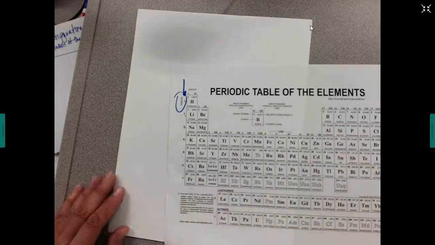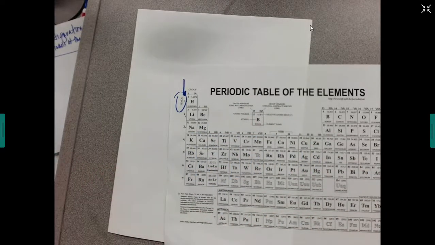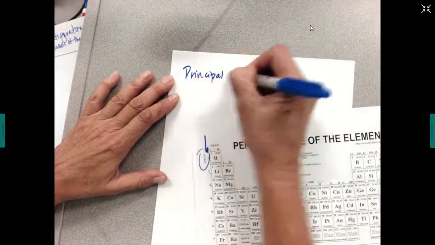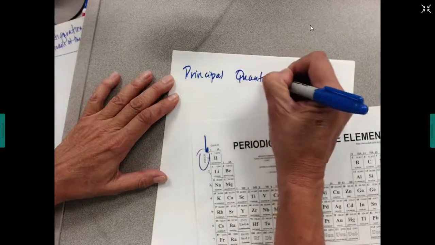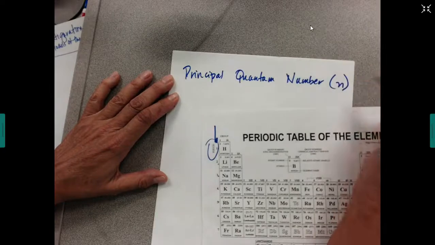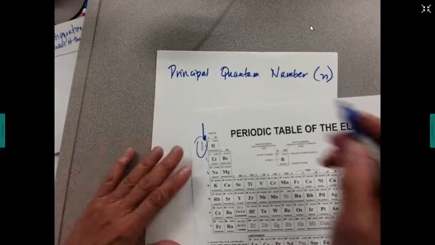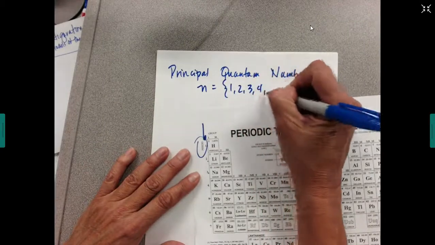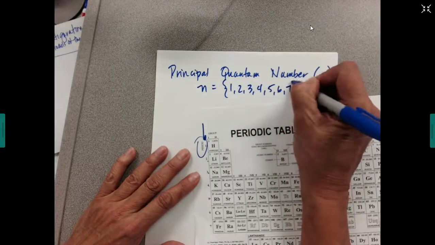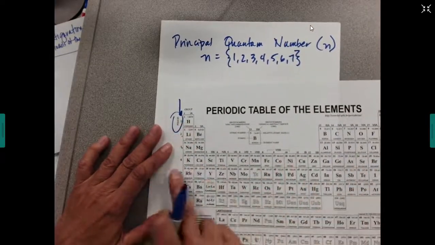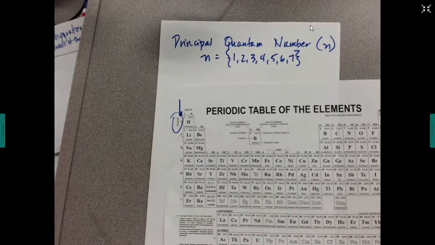Depending on where the element is on the periodic table, that number, called the principal quantum number, which we designate with a lowercase cursive n, can equal 1, 2, 3, 4, 5, 6, or 7. So based on its position, each element in its different row can have different energy levels, also called shells.